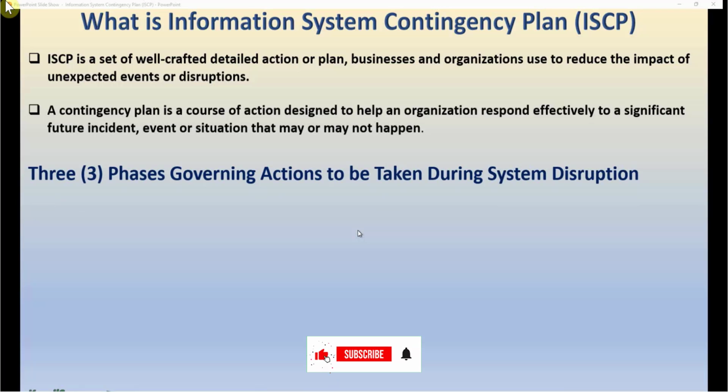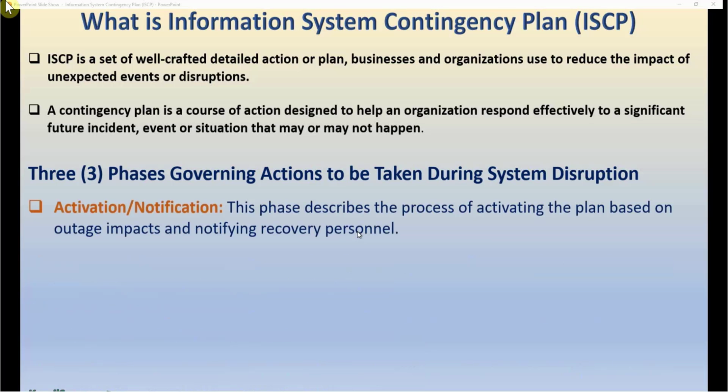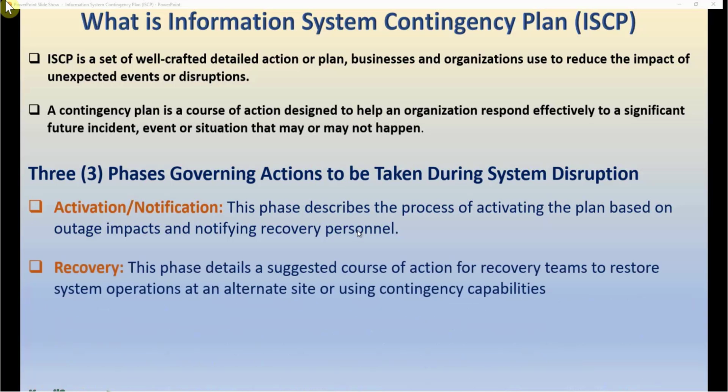The three phases governing actions to be taken during system disruptions are: number one, the activation, or notification phase. This phase describes the process of activating the plan based on outage impacts and notifying recovery personnel. The second phase is the recovery phase.